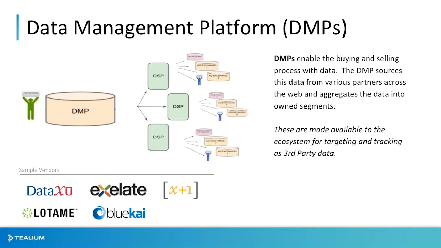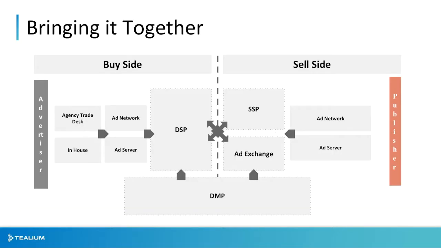And so when those two pieces of information come together, when the same person arrives on the publisher website, the DMP is going to fuel the data that allows the DSP to bid for that person's eyeballs, and allows the SSP to understand that the inventory slot is optimized for that person as well. Popular vendors here include Datazoo, Exelate, Lotame, and BlueKai.